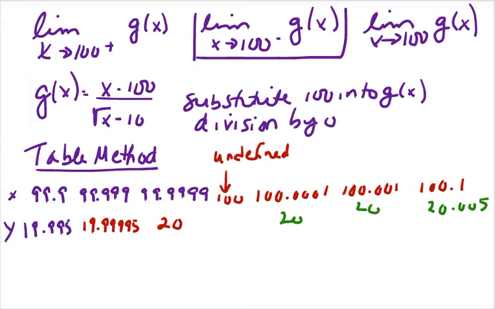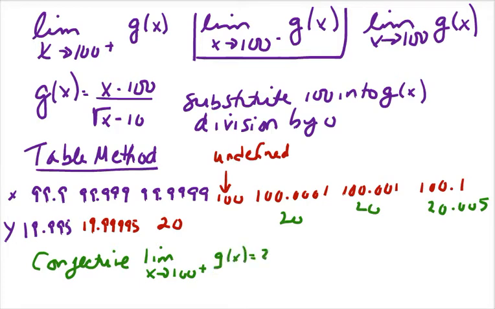So the conjecture that I would make at this point is that the limit as x approaches 100 from the right is 20.